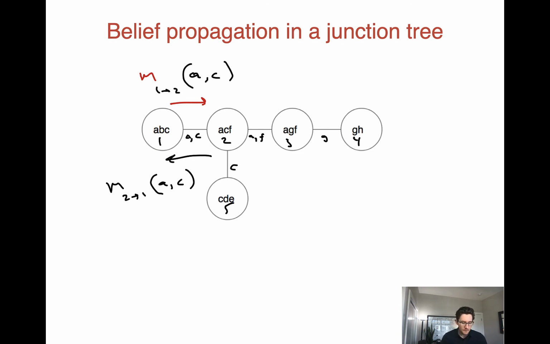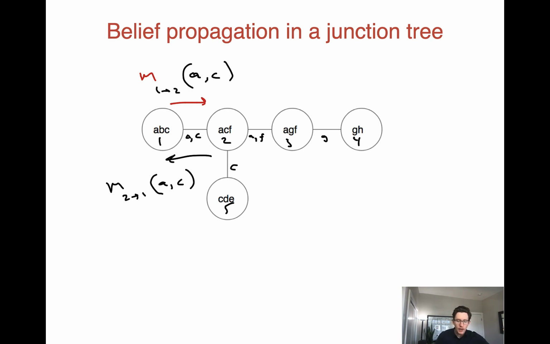Those messages are going to be defined using the potentials associated with each node. Recall that every potential in our network we put into one of these nodes in our junction tree. So you can think of each node as having a set of potentials that's associated with it. Apart from that, everything's the same. I should say when we associate potentials with nodes, we need to make sure if one potential could fit in multiple nodes, we put it in just one node.